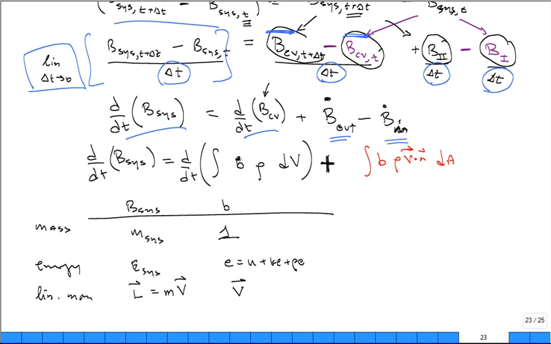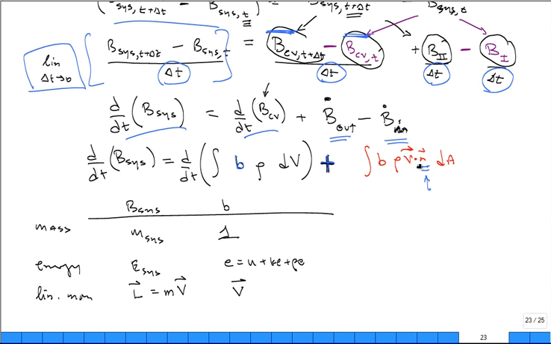They introduce a lowercase b. B is the specific property of interest. And the same thing for these in and out. It's a plus because the net flux is positive out, written with this v dot n. What is n again? That lowercase n, unit normal vector that's pointed which way? Outward, outward directed.